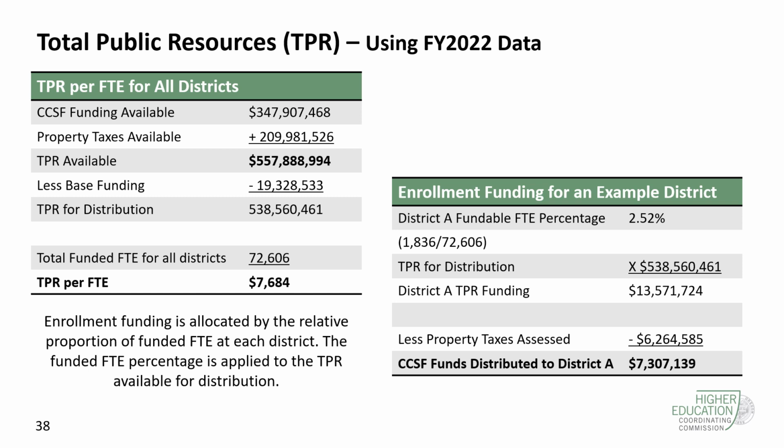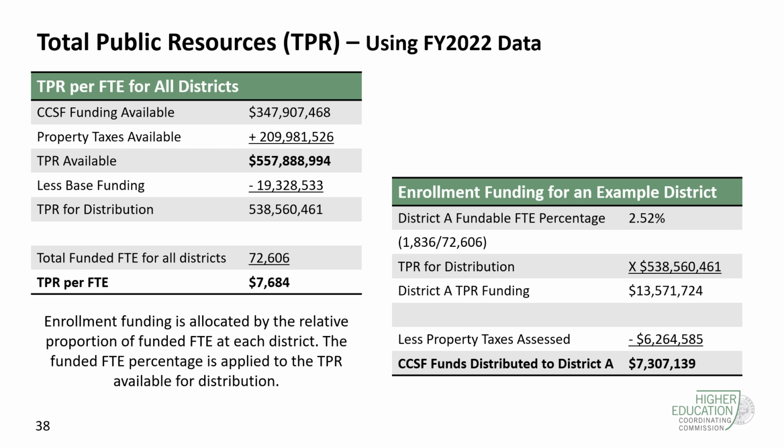And then the total number of funded FTEs across all 17 districts in this particular year, using fiscal year 2022 data, we had 72,606 funded full-time student equivalents. So when you divide that into the $538.5 million available for funding, you get $7,684 in total public resources available per FTE across all 17 colleges.